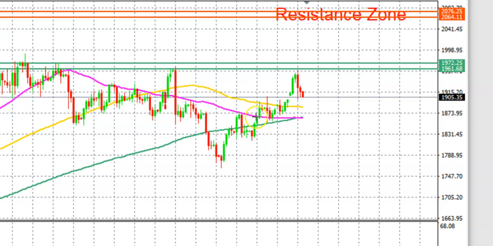Then the next signal came when the price moved above the 50-day simple moving average, which happened, by the way, at approximately the $1,873 price level. And then after that, the price also retested the 100-day simple moving average.